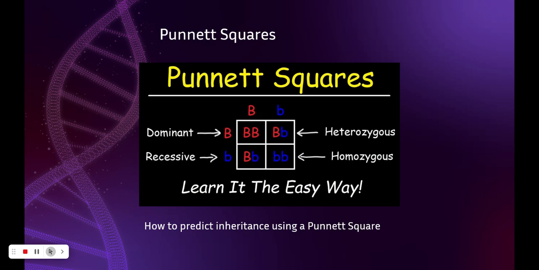Then we can go to the next block, which is in the lower left. Mom will donate a recessive allele, dad donates a dominant allele. That child is heterozygous. And in the last block, the lower right, both parents donate their recessive alleles and that child displays the recessive trait.